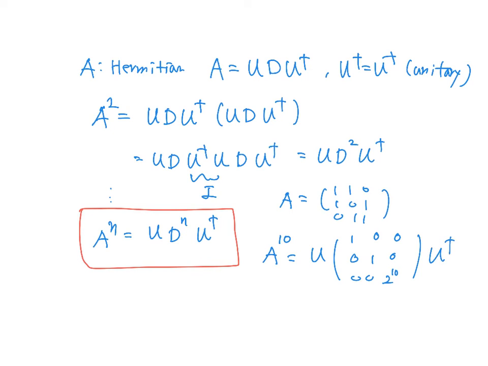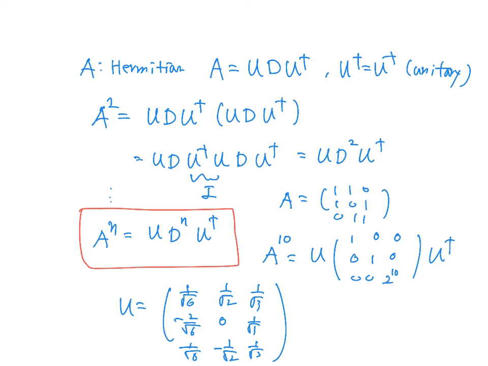U dagger. You know the form for U, right? U is given by square root of 6, minus square root of 2, square root of 6, square root of 2, 0, minus square root of 2, square root of 3, square root of 3, square root of 3.